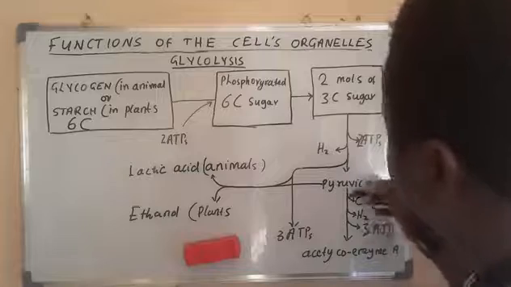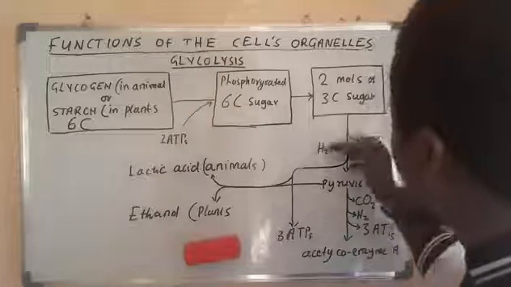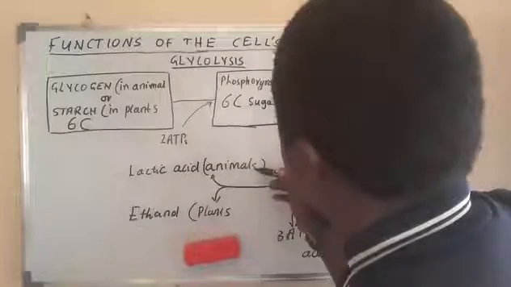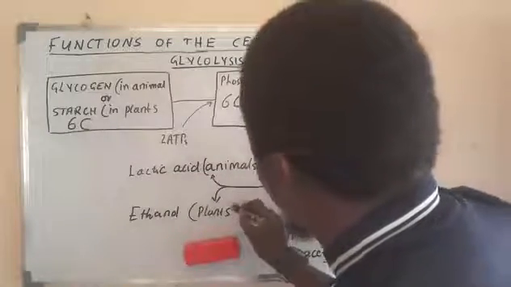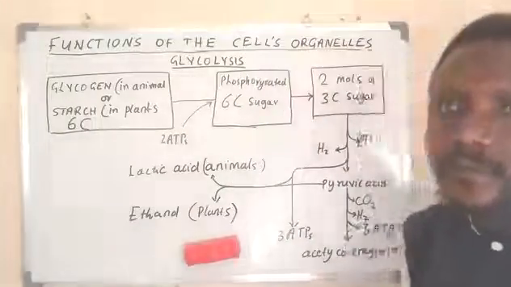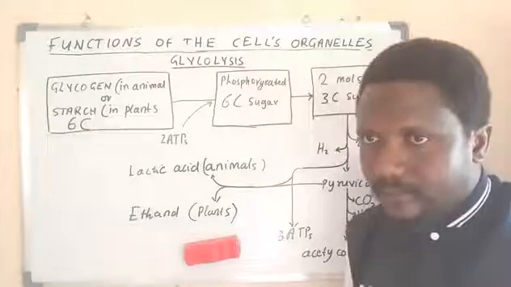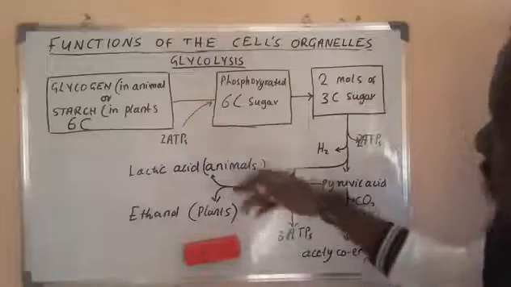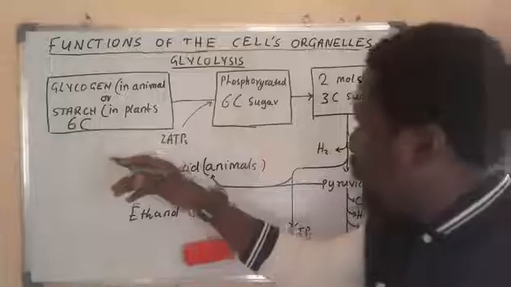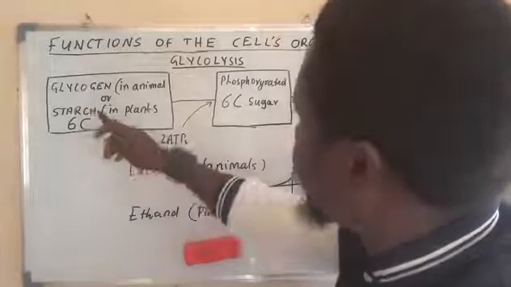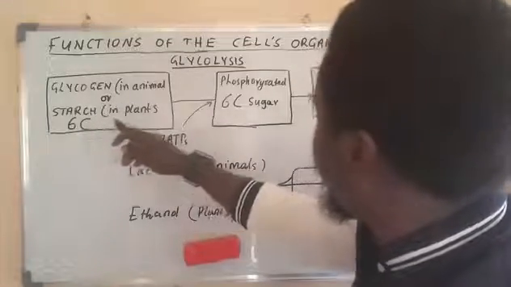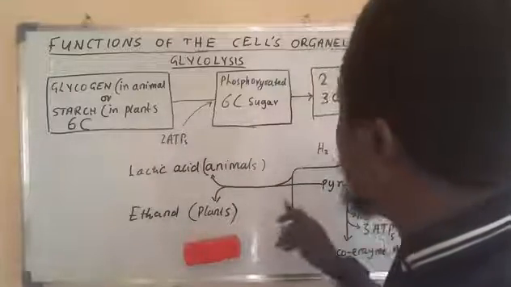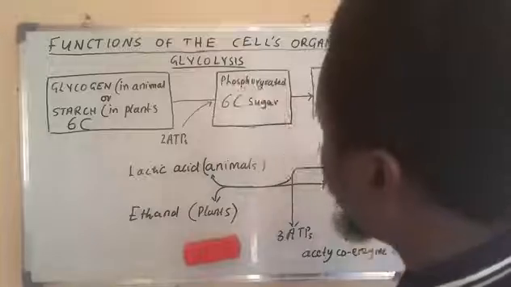But if oxygen is not available, this hydrogen will combine with the pyruvic acid to form lactic acid in the case of animals, and ethanol in the case of plants. So this metabolic process, which involves the breakdown of sugar in the form of glycogen or starch into pyruvic acid, is what we call glycolysis.